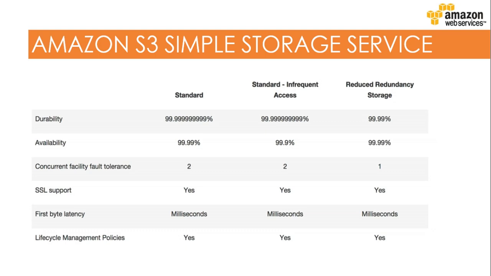For Standard, durability is 11 nines, availability is 99.99%, concurrent fault tolerance is 2, SSL support is yes, first byte latency is in milliseconds, and lifecycle management policy is yes. The rest is similar for Standard Infrequent Access and Reduced Redundancy Storage.